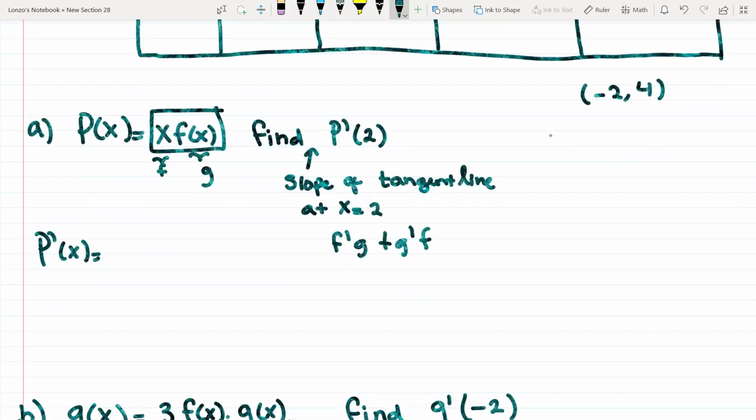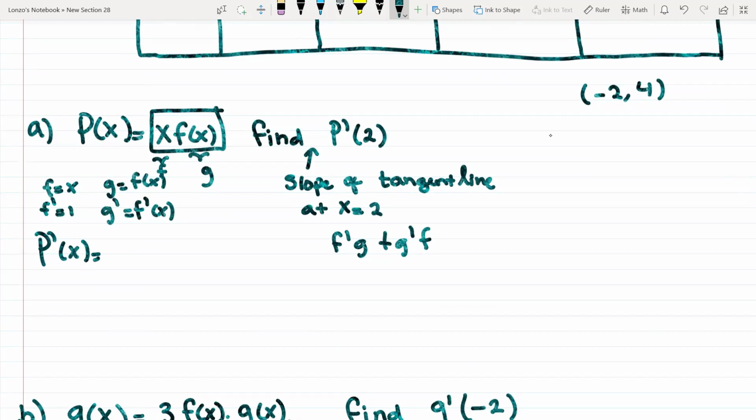Okay, let's do that. If our f is x, f prime would be 1. If my g is f of x, my g prime would be f prime of x.